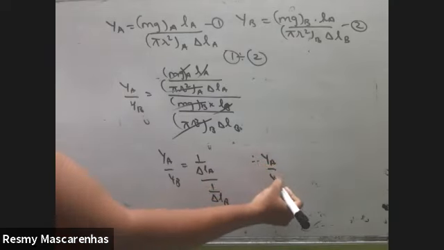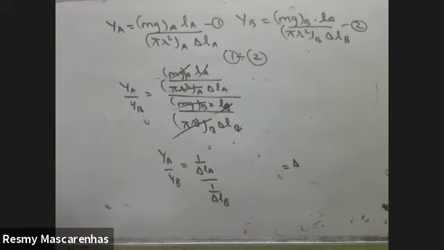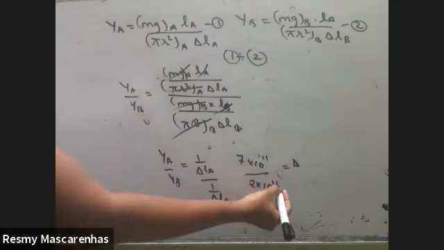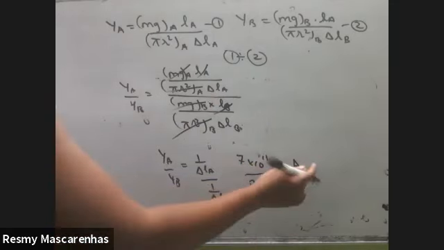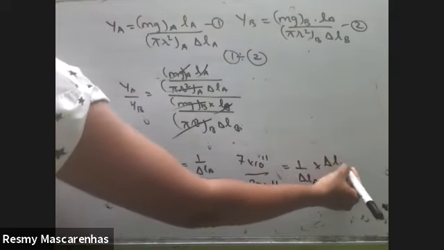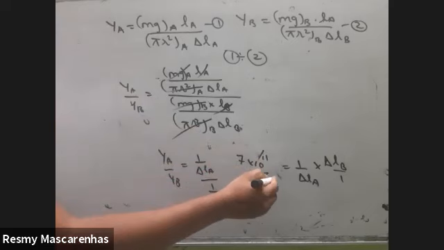Therefore Y_A upon Y_B will be, these values are already given, so we can substitute those values also, the values of Young's modulus. Put the value of Y_A and Y_B. This will be 7 into 10 raised to 11, and this will reverse. 11 and 11 cancel.